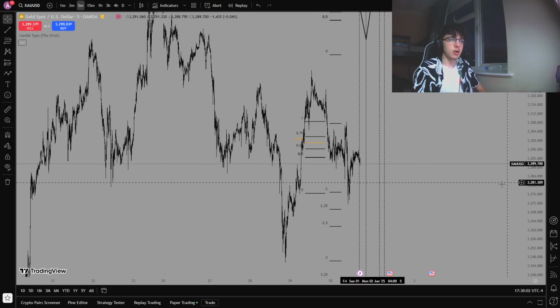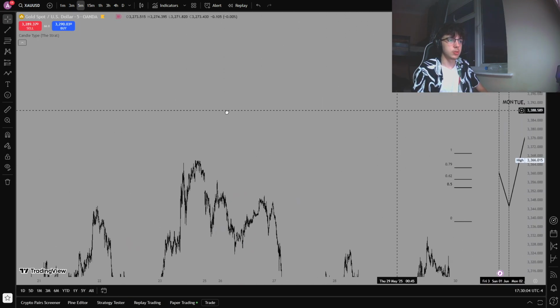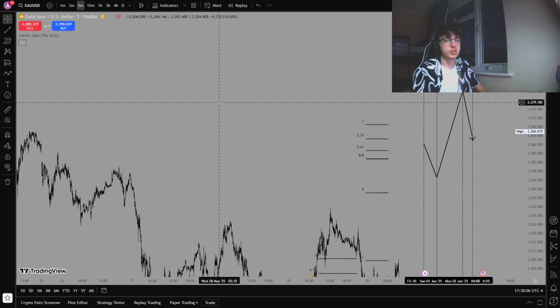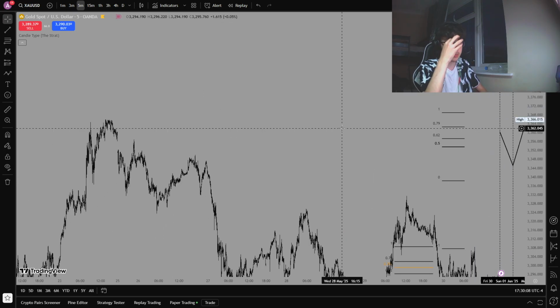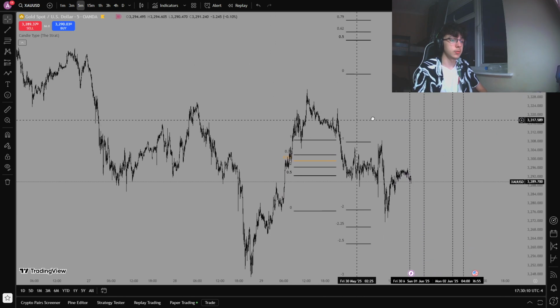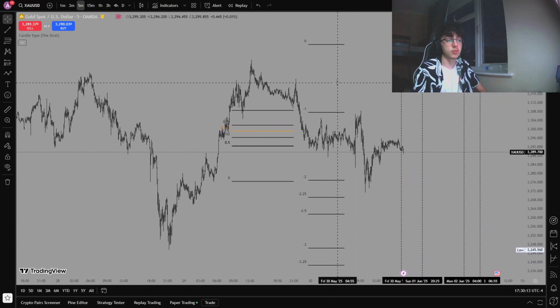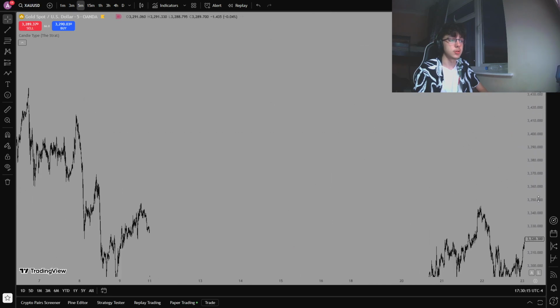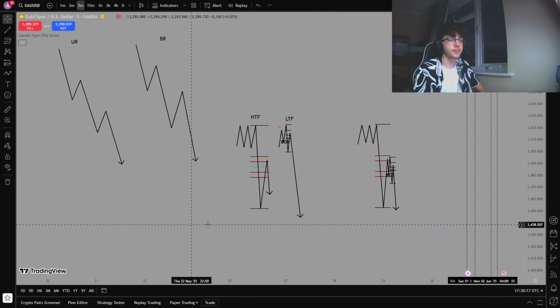That's what balanced and unbalanced ranges are. I know it's simple, and I know most of you probably know what it is, but not many people know how useful it is and how good it is when trading.